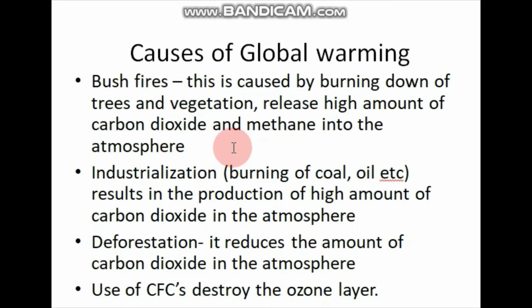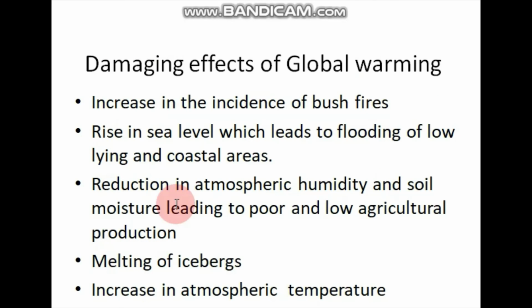The damaging effects of global warming: increase in the incidence of bushfires, rise in sea level, which leads to flooding of low-lying and coastal areas, reduction in atmospheric humidity and soil moisture, leading to poor and low agricultural production, melting of icebergs, increase in the atmospheric temperature.